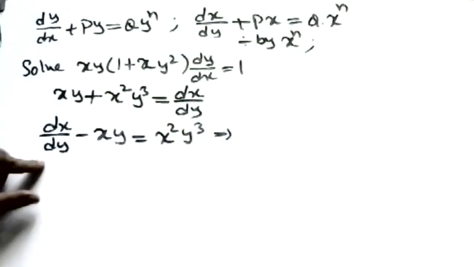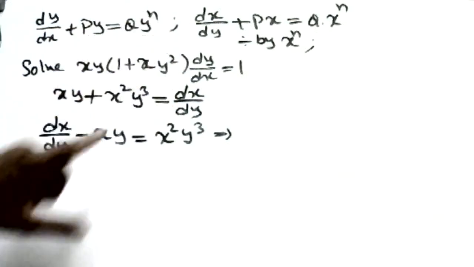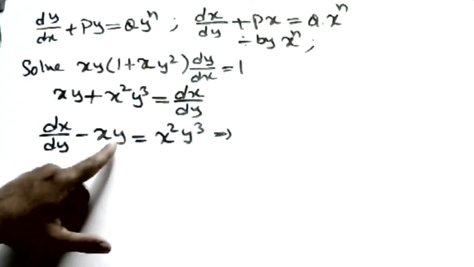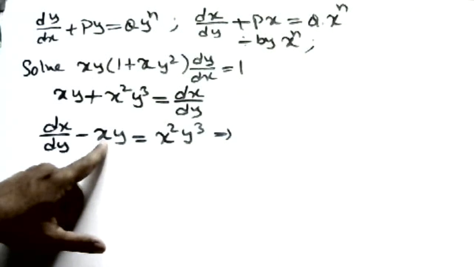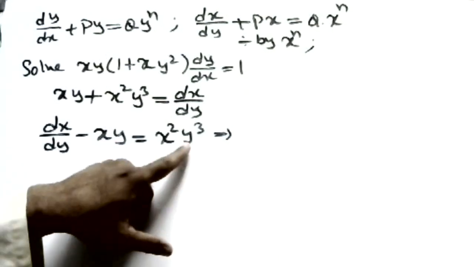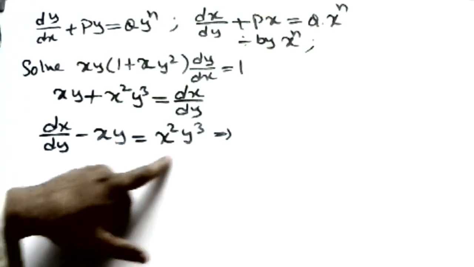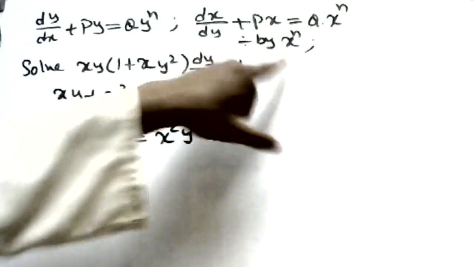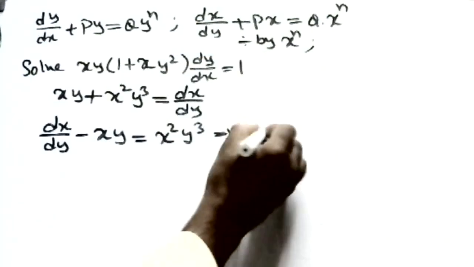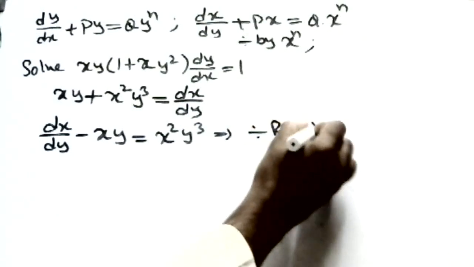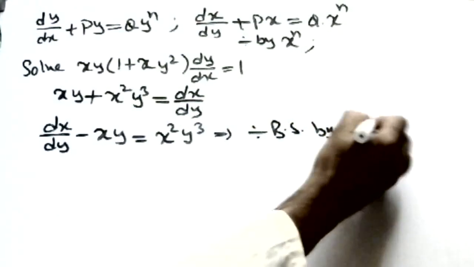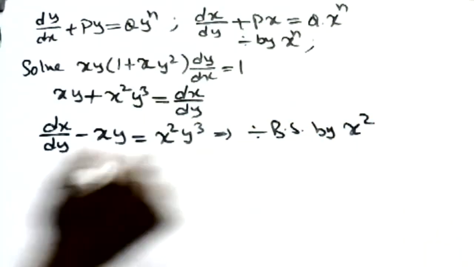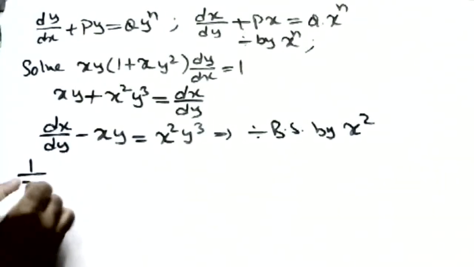Now let me do it like this, dx by dy, and here we will see that this is x. Now we have to divide these terms with x square. So divide both sides by x square.